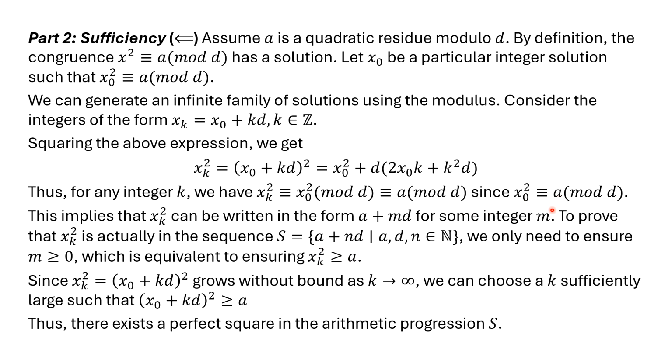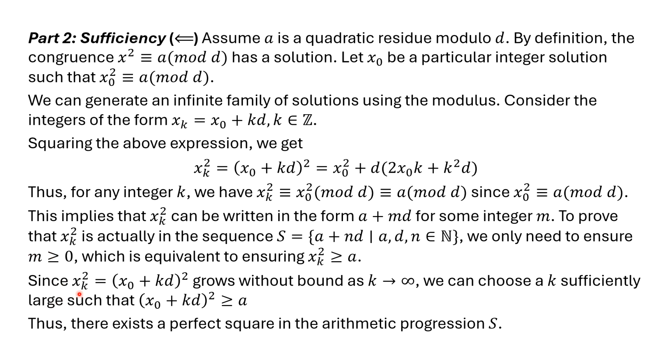Right, that comes from here and here. If you subtract a from x sub k squared, that equals md, and x sub k squared is greater than a, so of course m would have to be greater than or equal to 0.